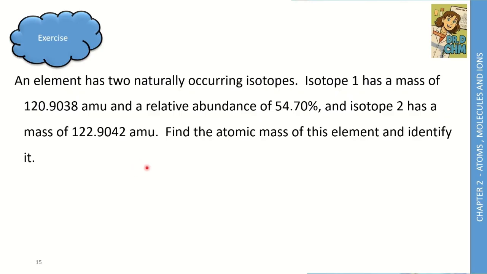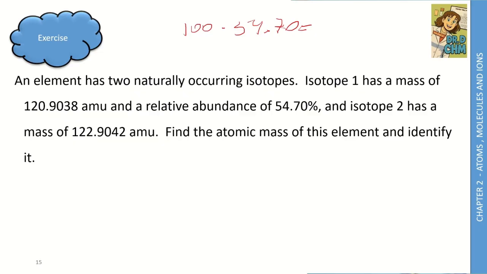First thing is, look at this, and it's like, oh, it's missing here the percentage of the second one. Okay, but the problem says that there are only 2 naturally occurring isotopes. So 100 minus 54.7 will give me the other one, right? So if you use 100, because that will be 100% of those, minus 54.7 will give me the other percentage, right?